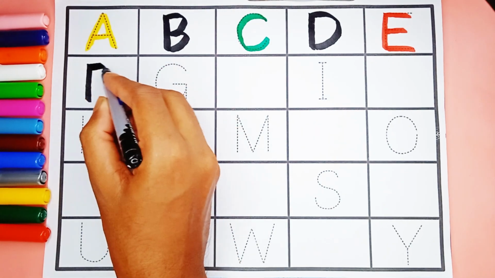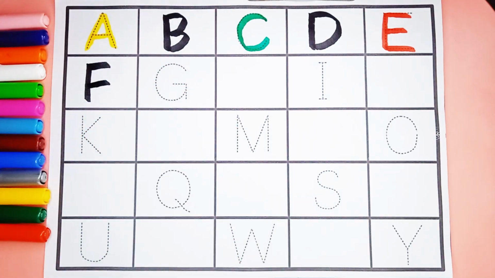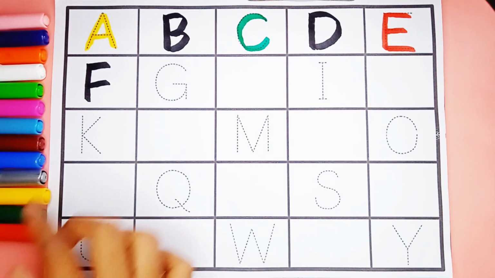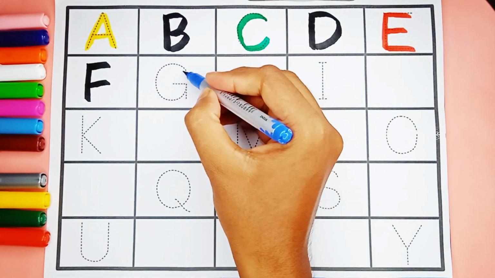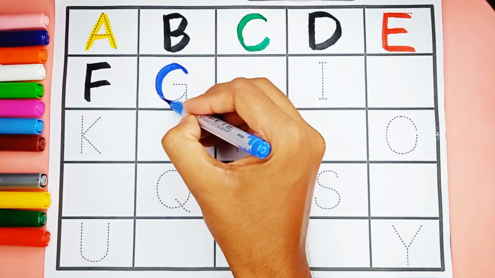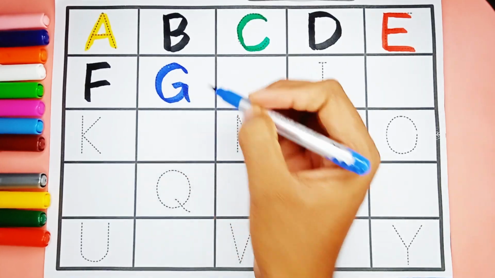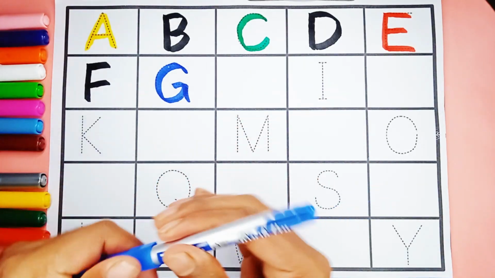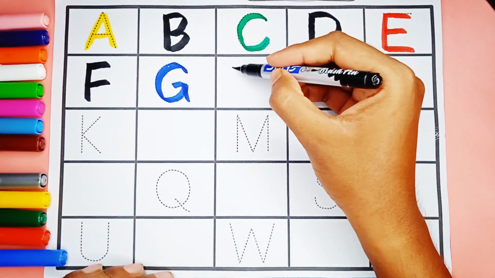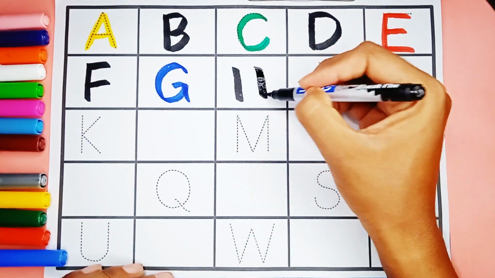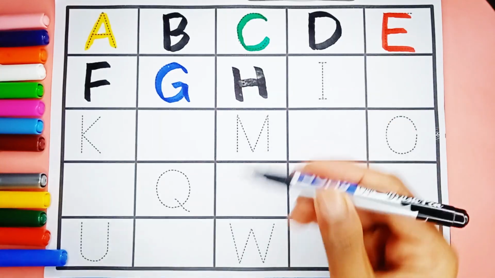F. F is for flower. Z. Z is for graph. I. H. H is for hen.